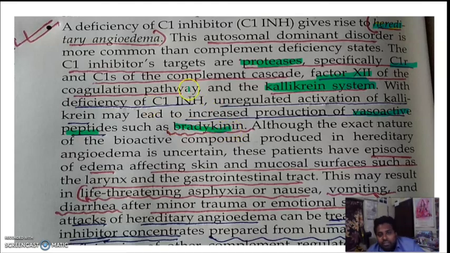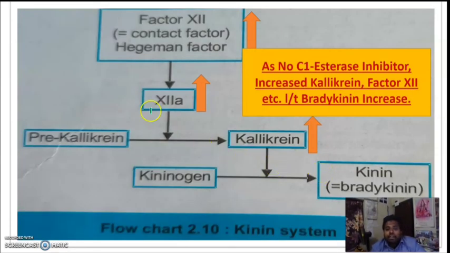But what happens when C1 esterase inhibitor is deficient? Factor 12a will be formed more, and kallikrein will also increase. That's why bradykinin will increase, because kininase cannot keep up with the increased bradykinin production.